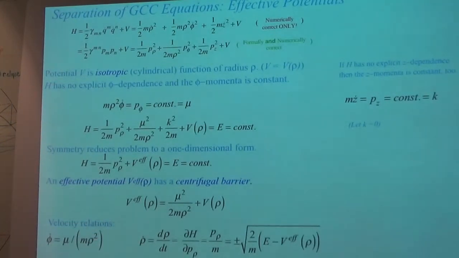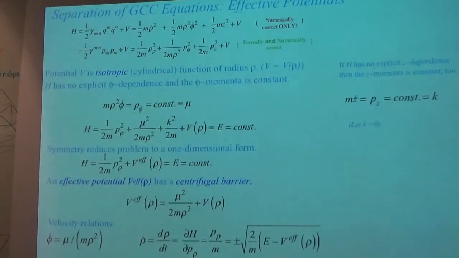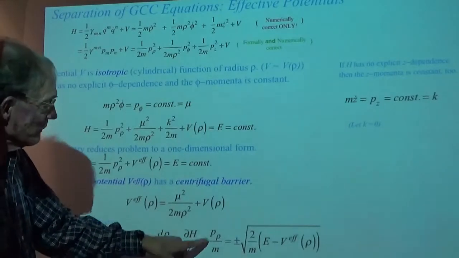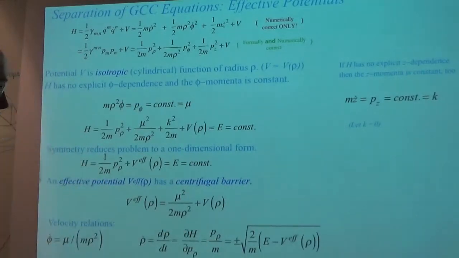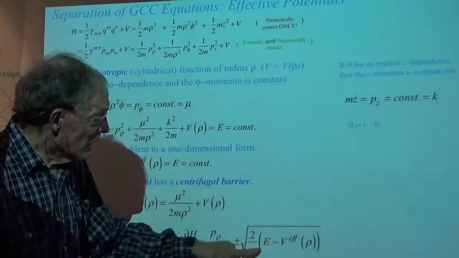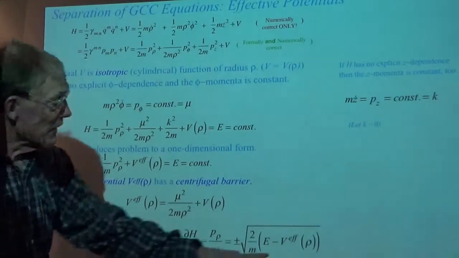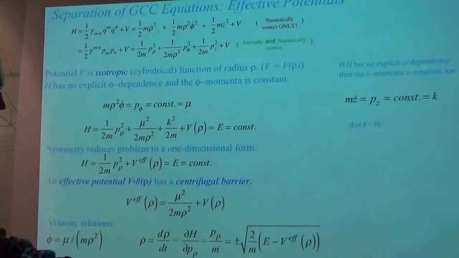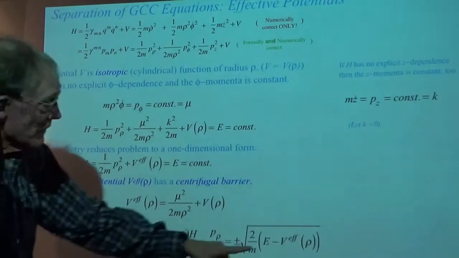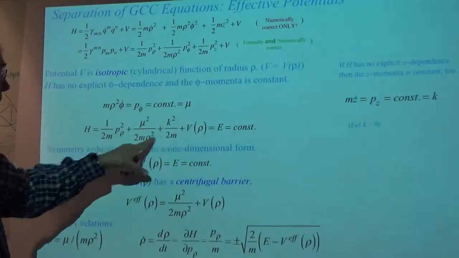And we can solve for that, for rho p over m, and we get plus or minus the square root of the energy minus the effective potential at every value of the radius. So this is telling us what the radial momentum is doing, and the effective potential, of course, is this combination right here.